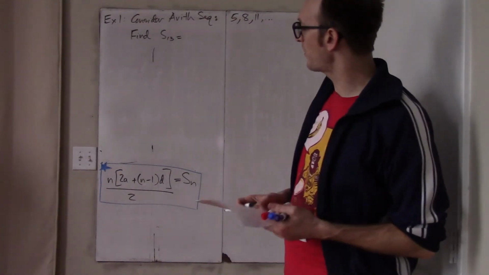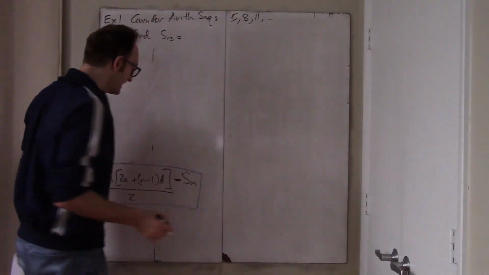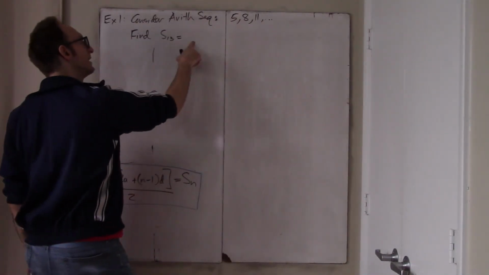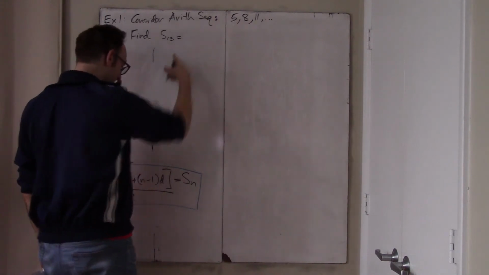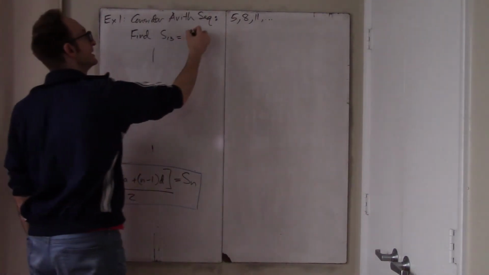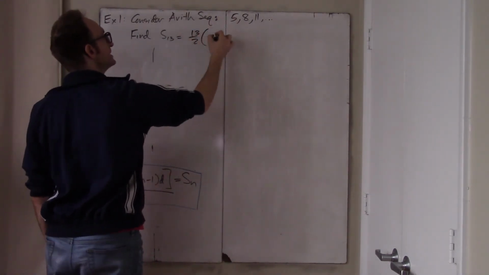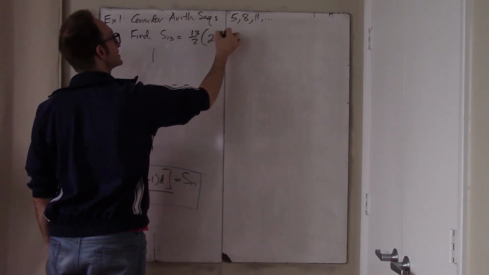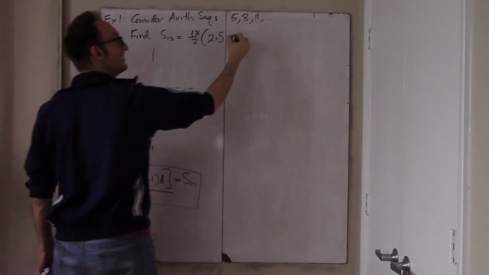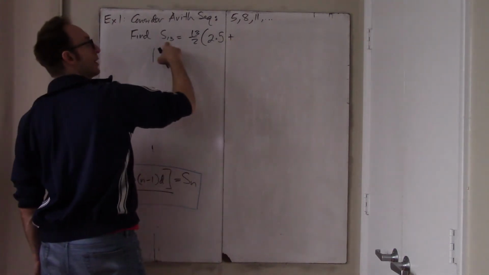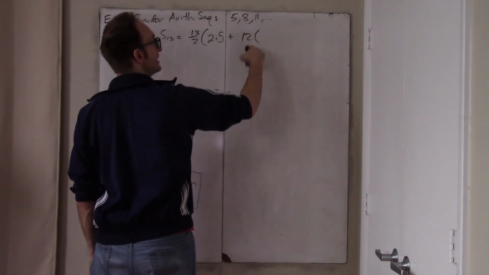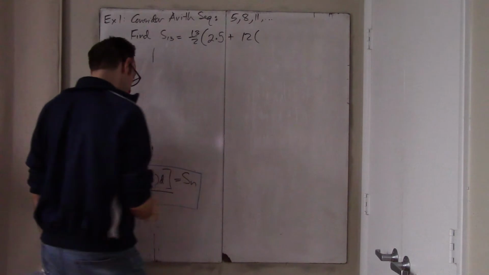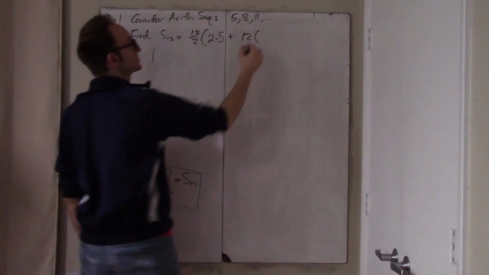If you just use the formula, then it's quite mindless. If I want the sum of the first 13 terms, then, well, here it is, right? It's going to be 13 over 2 times twice the first term. The first term is 5, plus n minus 1, well, n is 13, so that's 12, times the common difference, which is 3.